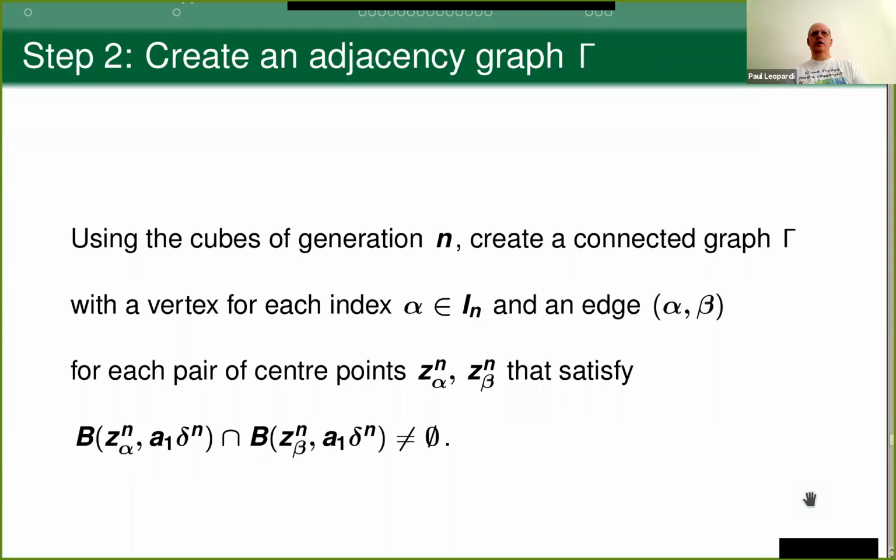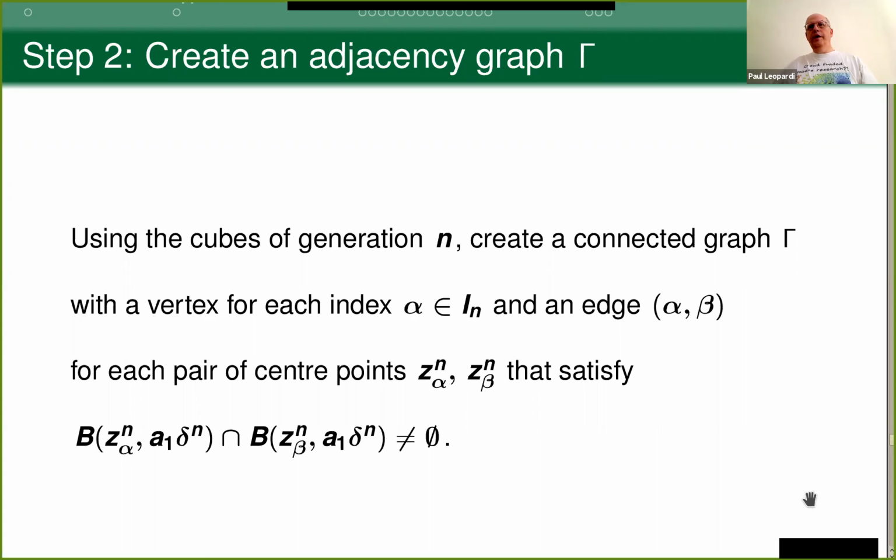Then what we do next is we create an adjacency graph, which is a connected graph with a vertex keeping track of each cube and an edge for each pair of center points which satisfy this criteria, which is adjacency with respect to this constant A1, which is governing the size of our balls, which have as center those center points within each of the dyadic cubes, such that the balls have some non-zero area of overlap.